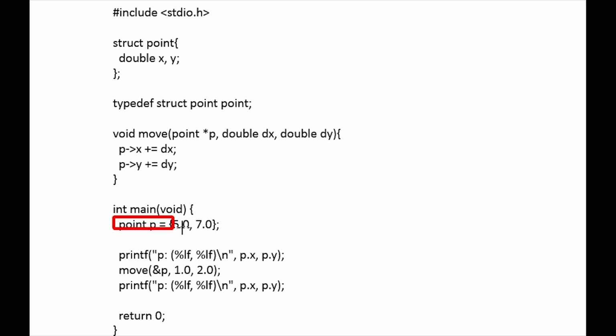In main, we create a point, and we move the point. So we have been able to mutate the state of an object through a reference or a pointer.